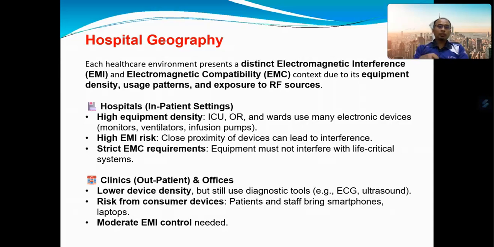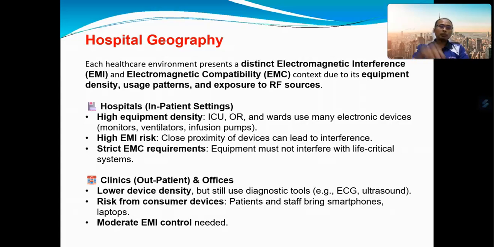So this is very important for us to consider the EMI risk on that area, right? That's why we need strict emergency requirements. In this high equipment density area, we must make sure that all of those equipment do not interfere with the life critical system.